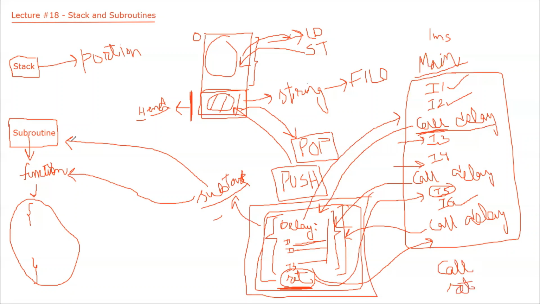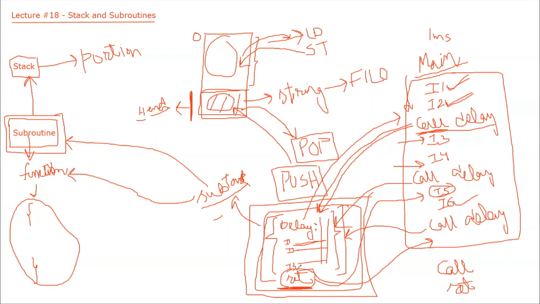Please keep in mind that whenever we have a subroutine, stack memory is used to store the contents of the main program. For example, when I am running this main program, first I will execute I1, then I2. After I2, I have to call delay. So I will go to this subroutine and execute it.